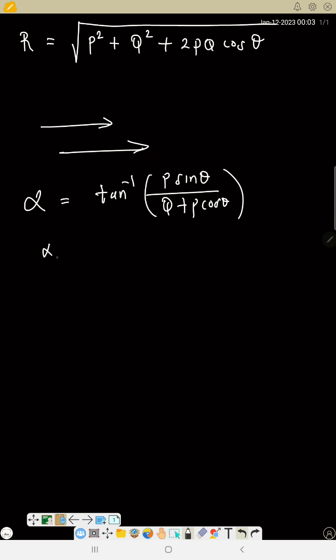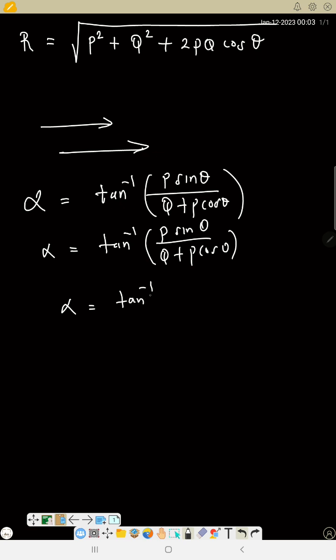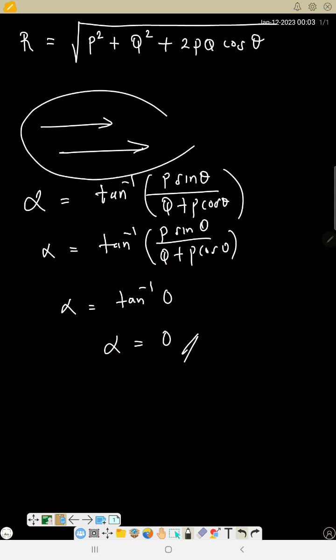So if theta is 0, alpha is arctan of p sine 0 over q plus p cos 0. Now sine 0 is 0, so everything here is 0. Alpha is 0.